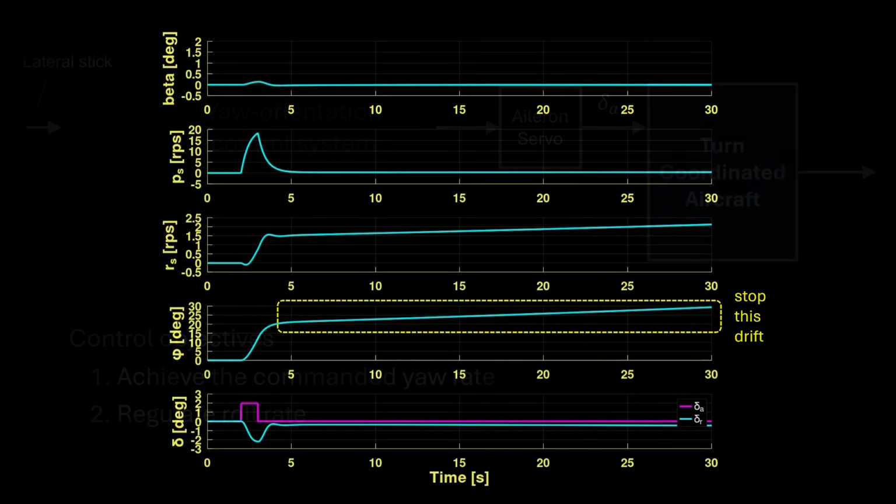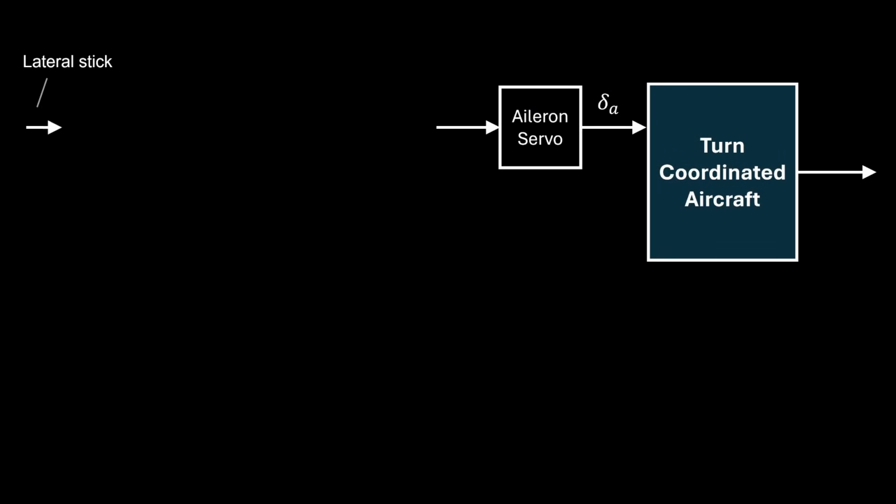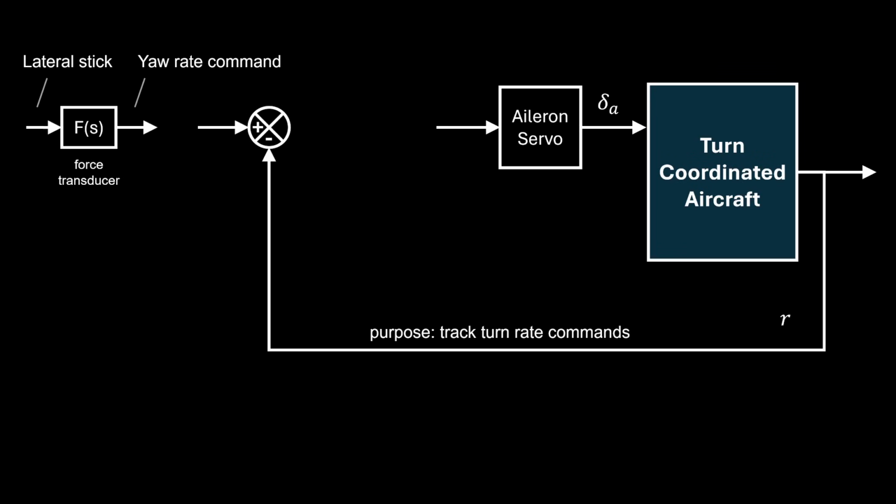So to achieve our first objective, first suppose there's a transducer that relates stick motion to a desired yaw rate or turn rate command. We'll feed back yaw rate to produce ultimately a turn rate error and then use integral control to drive that error to zero and therefore track turn rate commands.